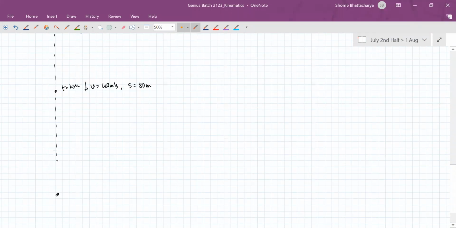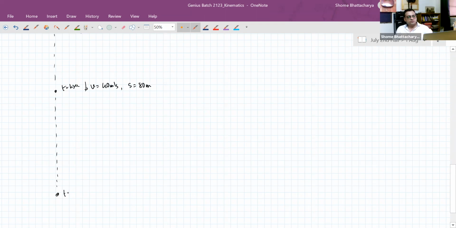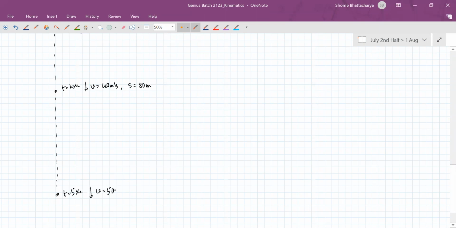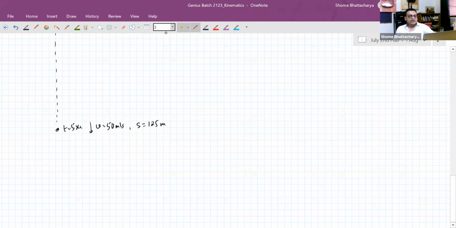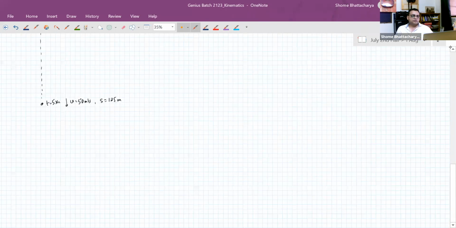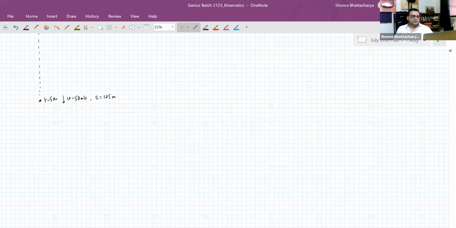Because you can do it by formula, but there's a trick method also. At t equal to 5 seconds, you will see its velocity has become 50 meters per second, and its displacement has become 125 meters. Now, in this diagram, if I try to calculate in each individual 1 second interval what is happening, then you'll understand.